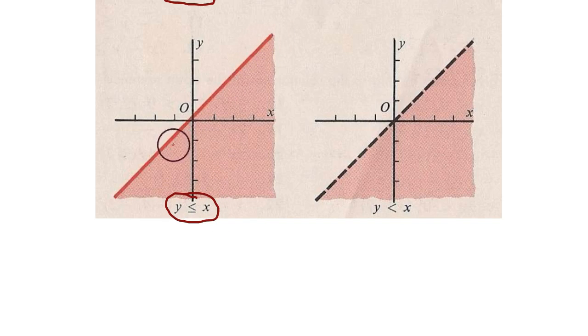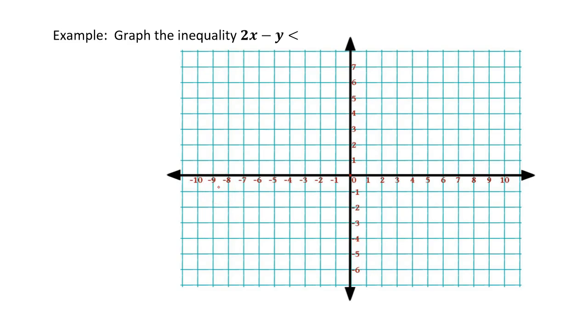Notice the solid line, and this time the shading is below that boundary line because of the is less than arrow. The final picture is y is less than x. A dashed line because there's no or equal to symbol, and the shading is below the boundary line because of the less than arrow.